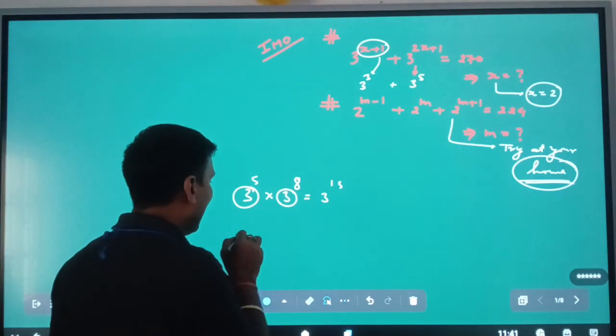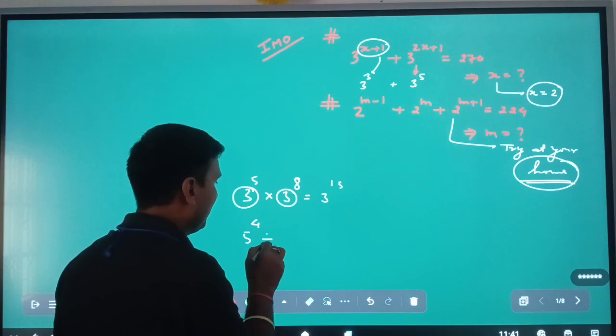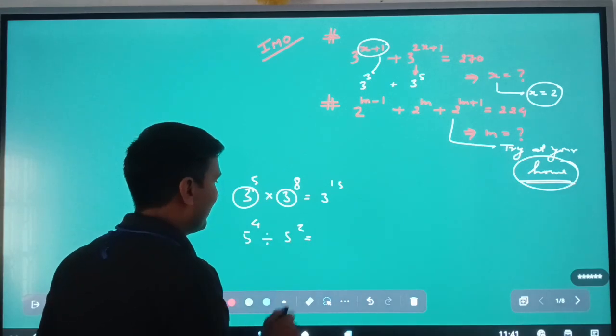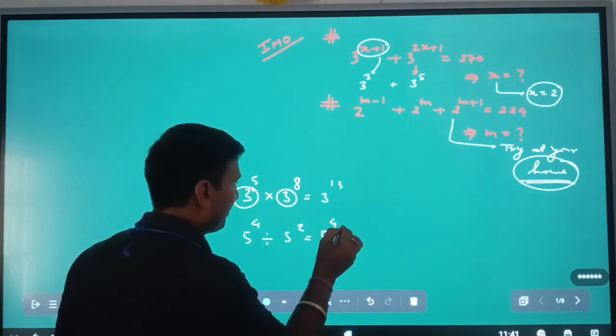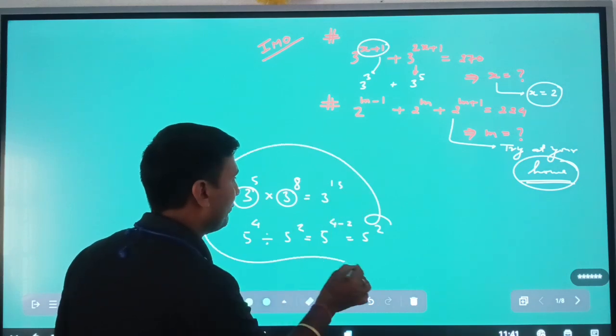Similarly, if we have 5 raised to the power 4 divided by 5 raised to the power 2, when there is division and the bases are the same, the powers get subtracted and we get 5 squared. So these are the things that we have studied.